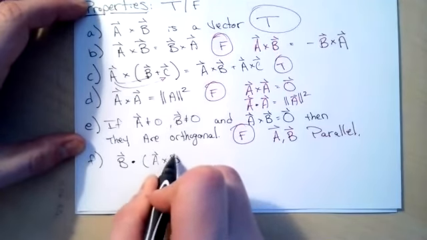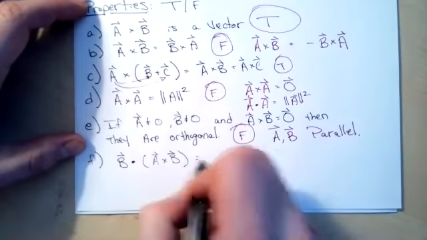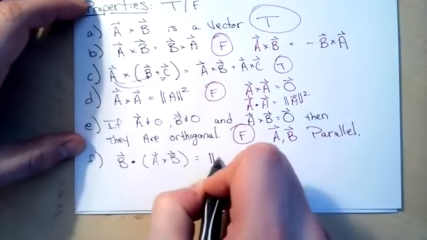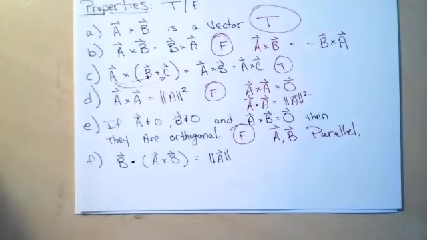It asks us, B dot A cross B, is that equal to the norm of A? True or false on that one?